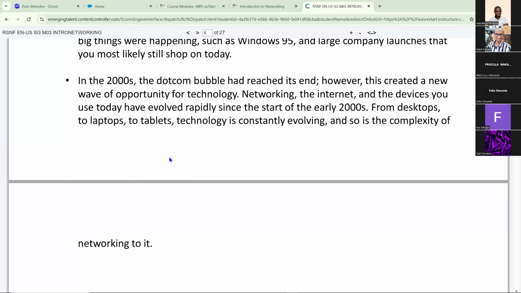And when we talk about the evolution of technology, we are talking about technology evolving both in software and in hardware. In hardware is what I've just given you as an example of our phones evolving to what they are today, and also our computers.